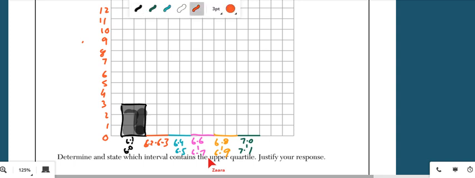What is the frequency for 6.2 to 6.3? It was 10, I remember. So it would be this line. It has to be straight. Trying to make it straight.